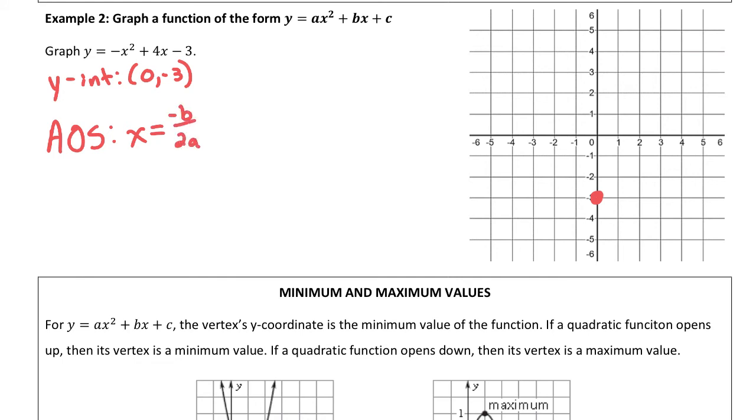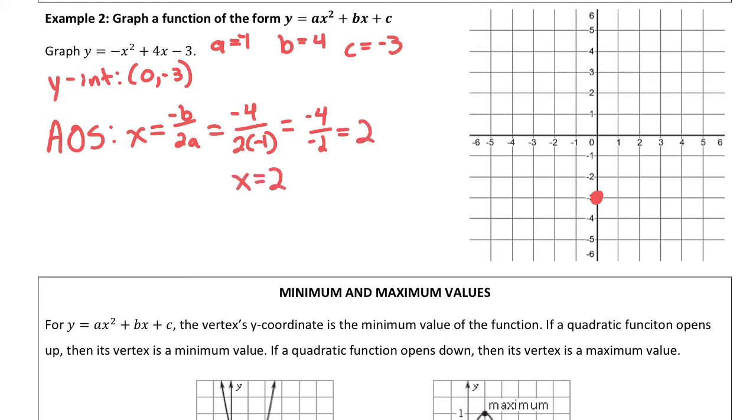So it might be a helpful exercise to, at the beginning, identify in this function that a is -1, b is 4, and we already said c was -3. So if I find -b over 2a, that's going to be -4 over 2 times -1. All right? And then this becomes -4 over -2, which is 2. So our axis of symmetry is x equals 2.